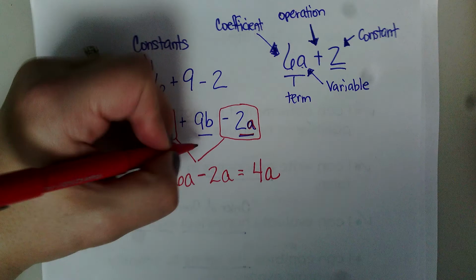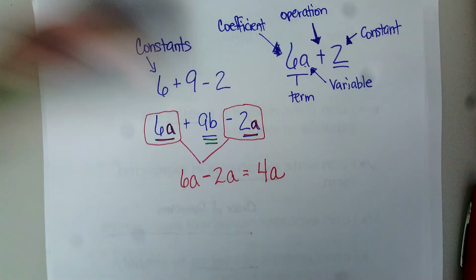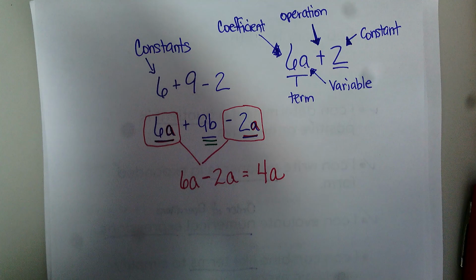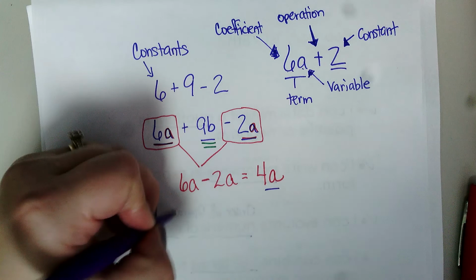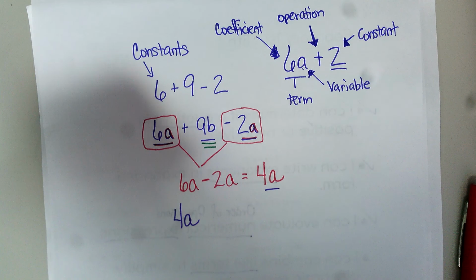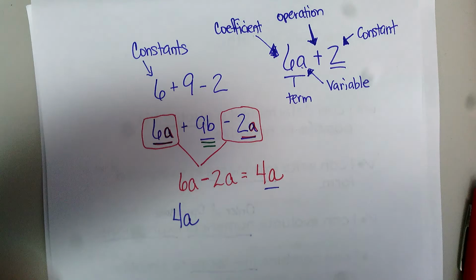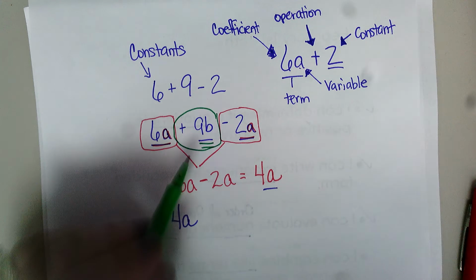Okay. 9b, it doesn't have a partner. It's just 9b. So we don't have anything to combine for that. So we just have 9b. So what we're going to do is we're going to use the 4a, and we're going to say 4a. And then I see here that 9b has got a plus sign in front of it, right? It has plus 9b.